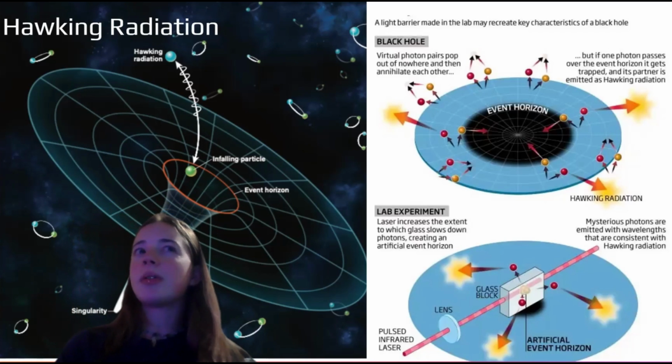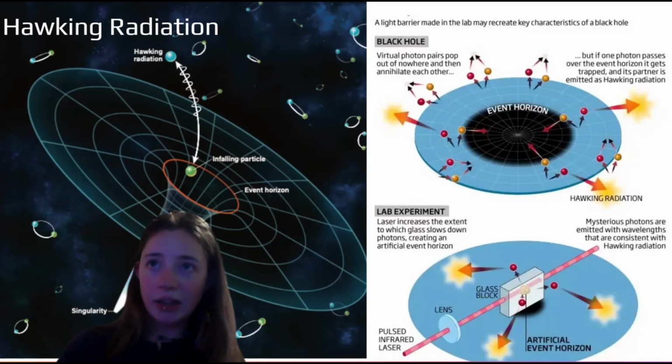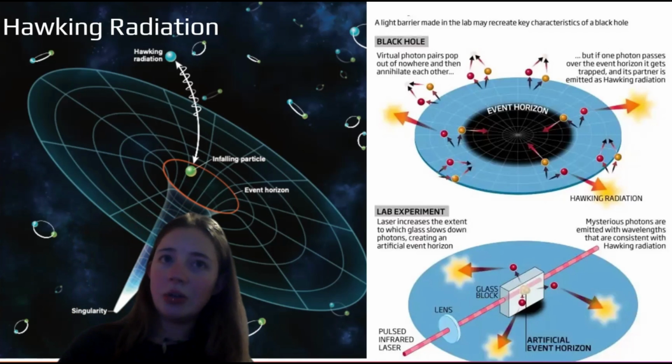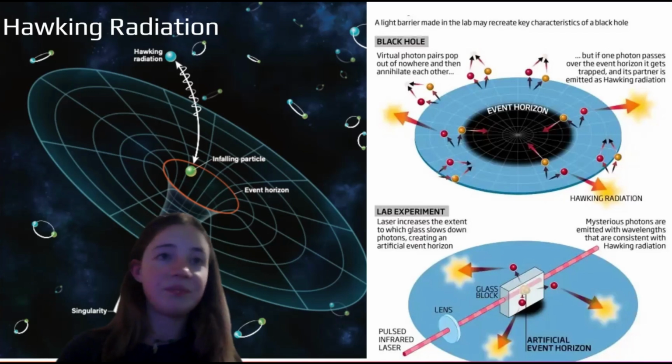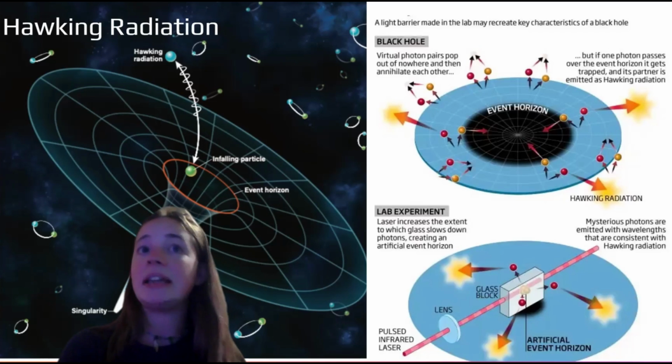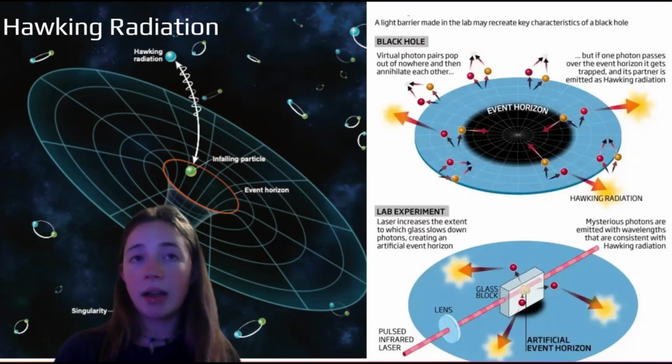But these particles no longer can annihilate each other, giving that energy back to the universe, because they're split up. So the energy debt has to be paid back somehow. You know, these particles are existing on borrowed energy, borrowed time. So someone has to repay that debt, and in this event, the black hole pays it back.